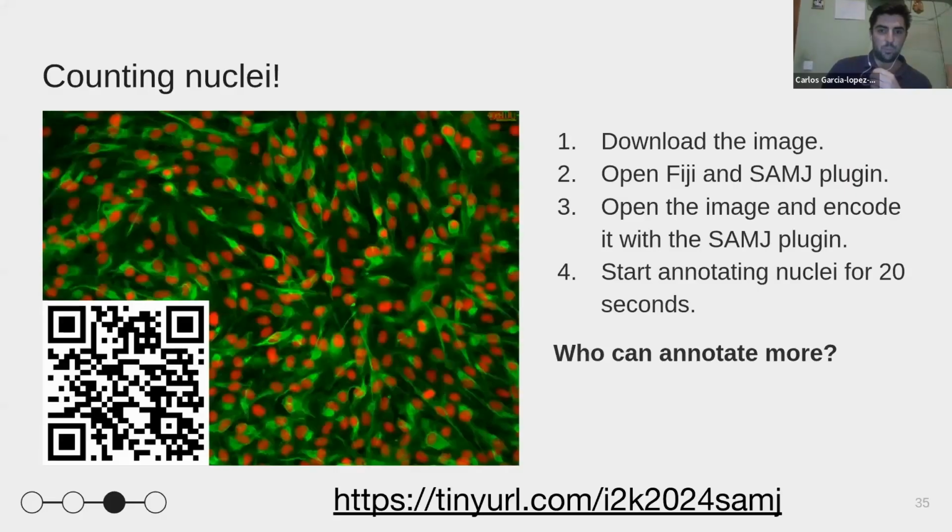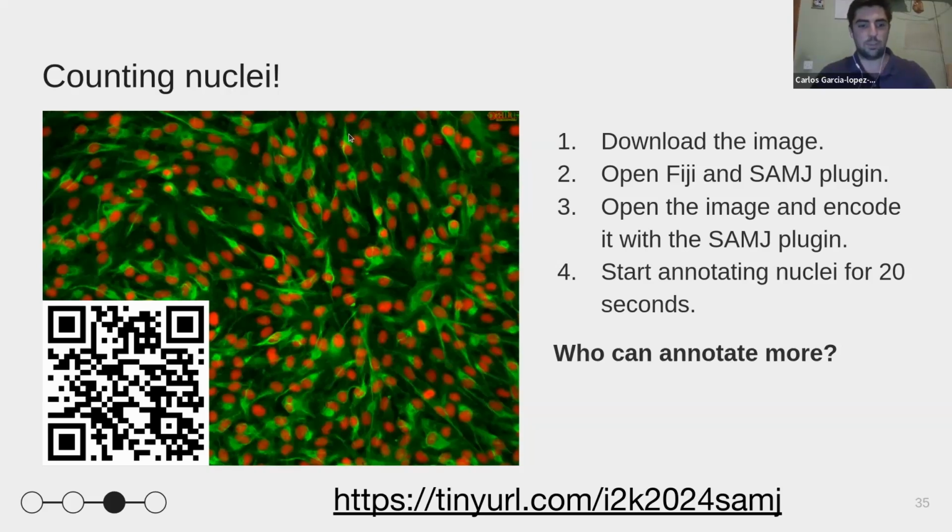And then we prepared a couple of activities. The first one is this image. There are many cells. So if you didn't have a model for this, or you wanted to prepare a model to find the nuclei in this image, you would need to spend a lot of time annotating many of the nuclei that are present here.